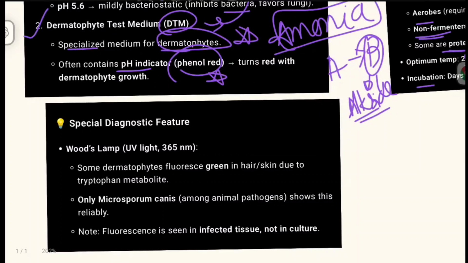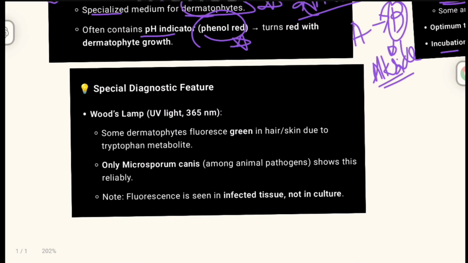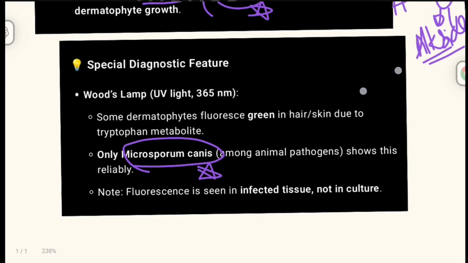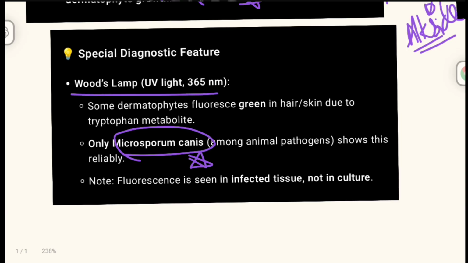Now, there are other diagnostic tools employed to differentiate or diagnose dermatophytes, specifically Microsporum canis. Here, the technique is called the Wood's lamp technique, which uses UV light of 355 nanometer wavelength. Whenever the dermatophytes are exposed to the UV light, they fluoresce green in the hair or skin.